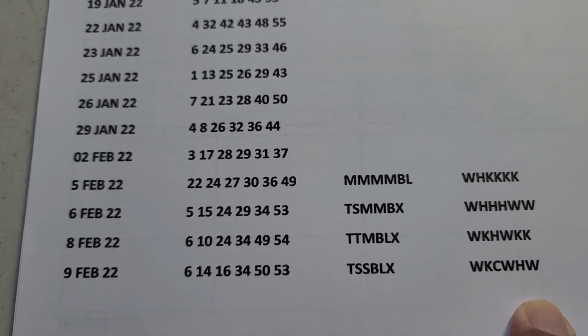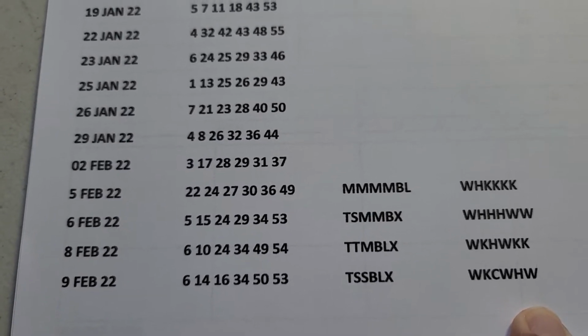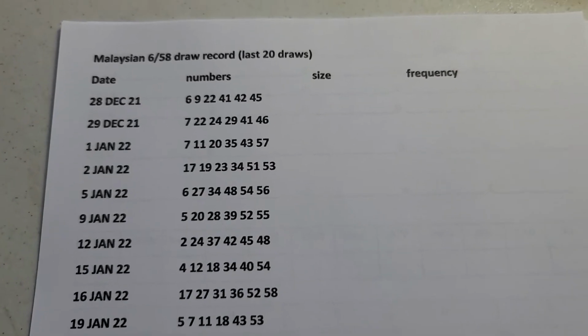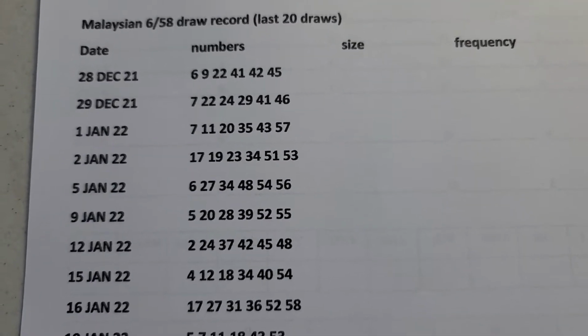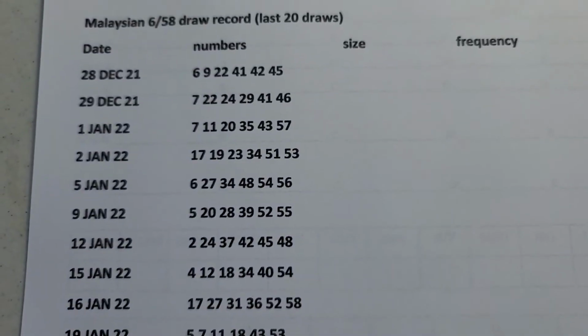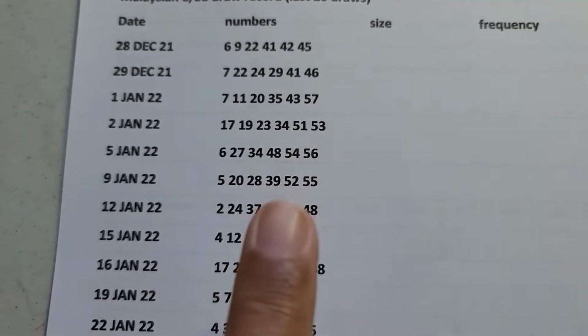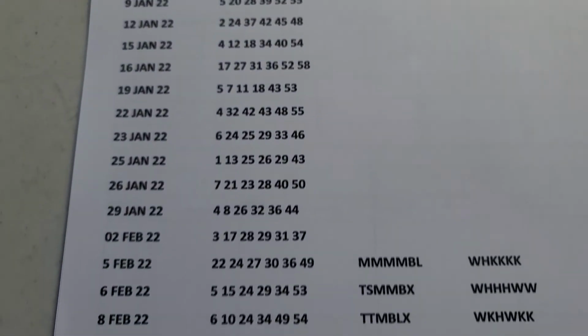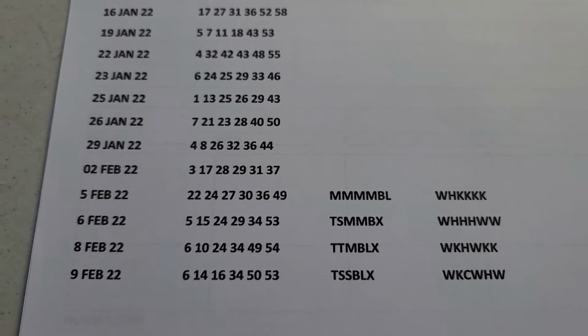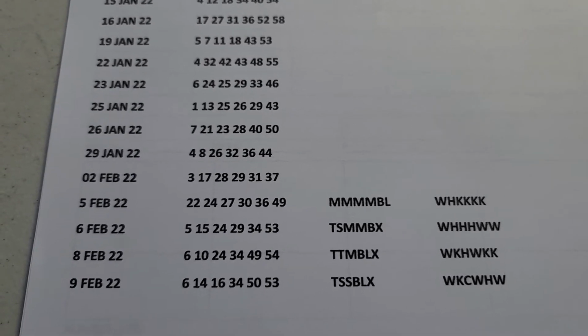And since we're adding 1 here, and we're only keeping track of 20 for our creation of our profiles, we erase this top one up here and move everything up. That's how you keep on adding and maintaining this particular sheet.